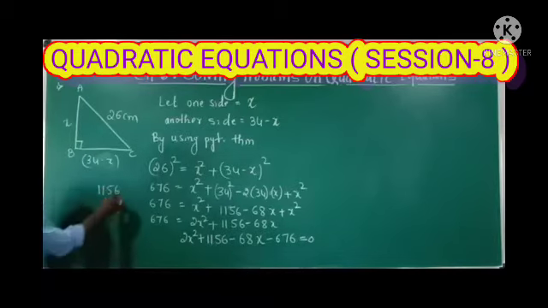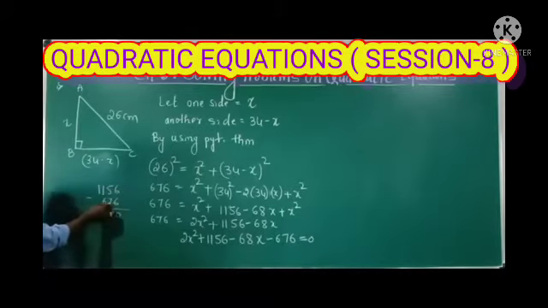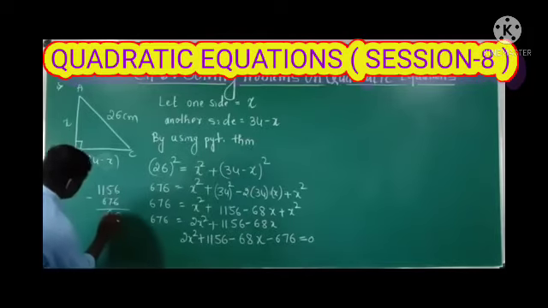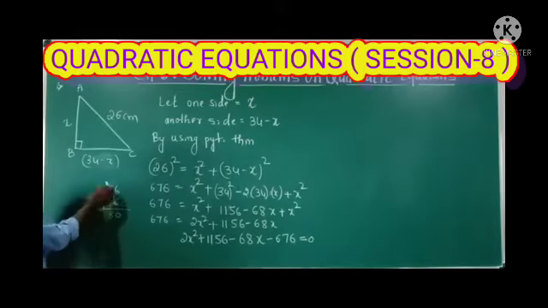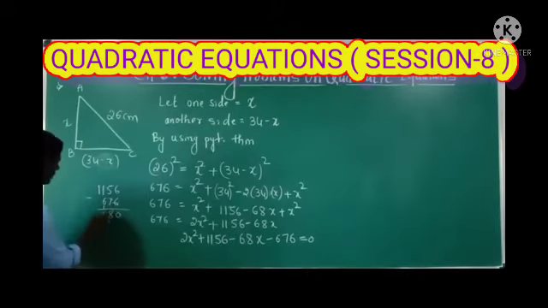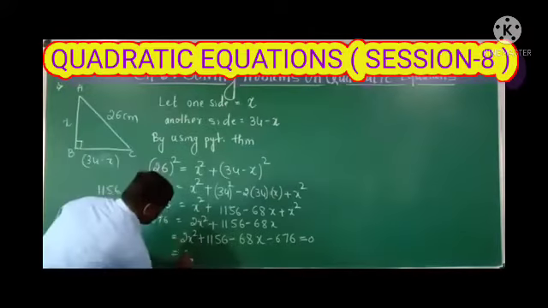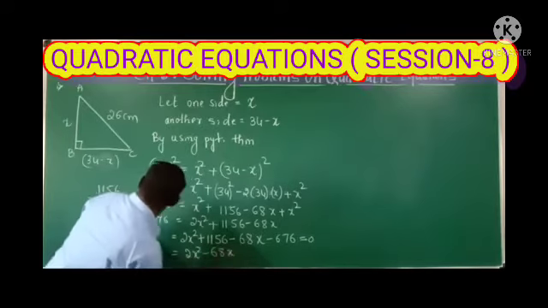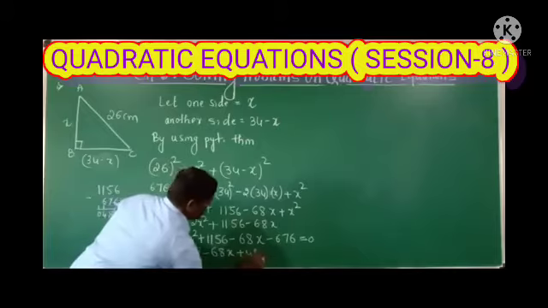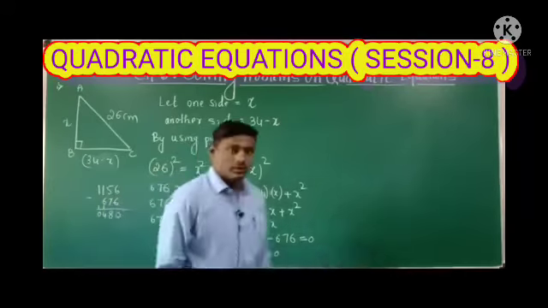What will you get? 6 minus 6 is 0. 15 minus 7 is 8. Borrow 1, means again it is 11, 11 minus 7 means 4. 480. So 2x square minus 68x plus 480 is equal to 0.